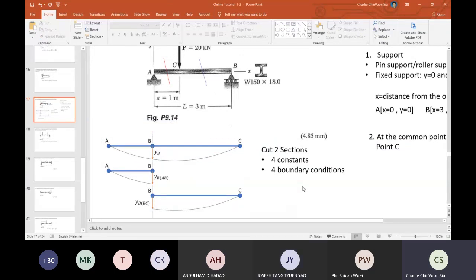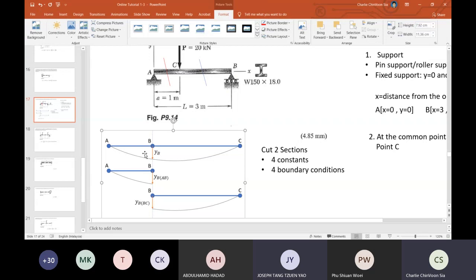So for the boundary diagram, from here, maybe I change. I cannot change it. Right. So assume this one, ABC.